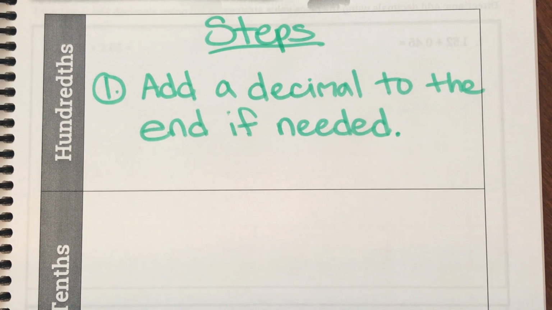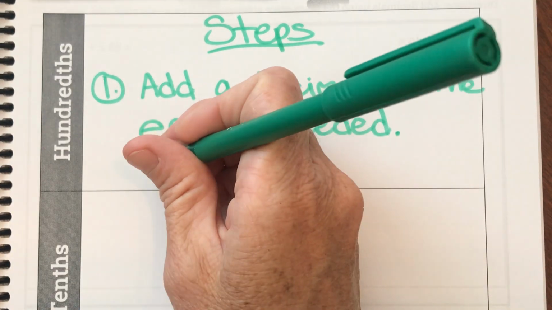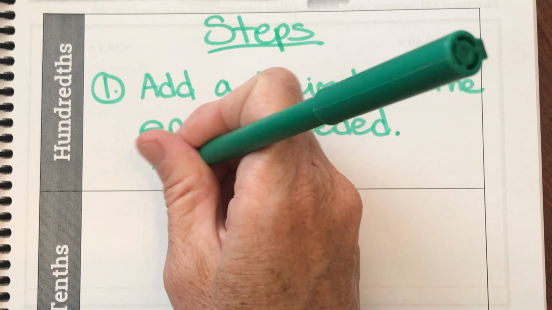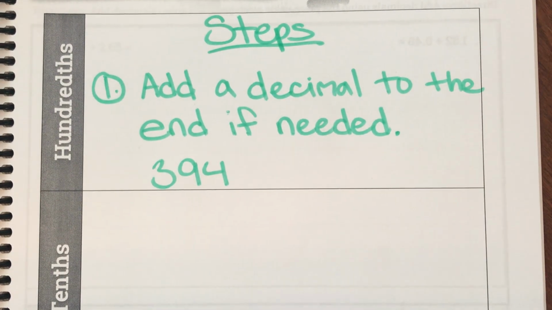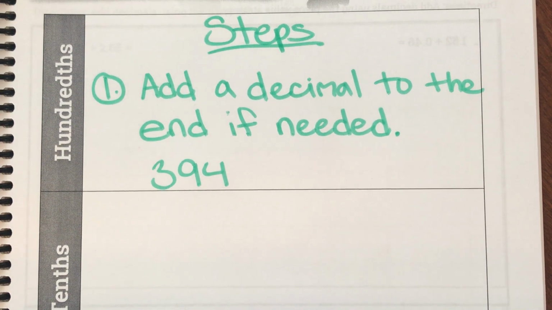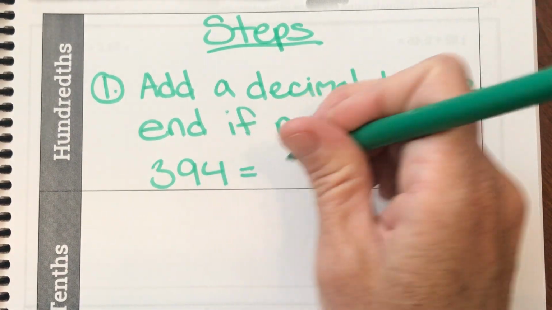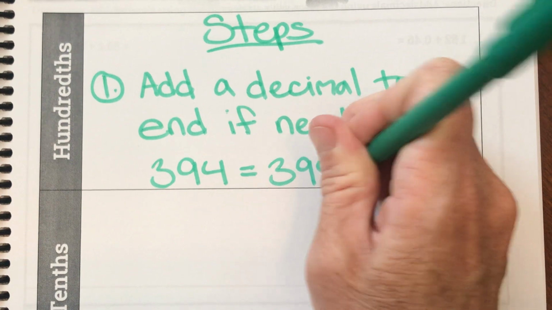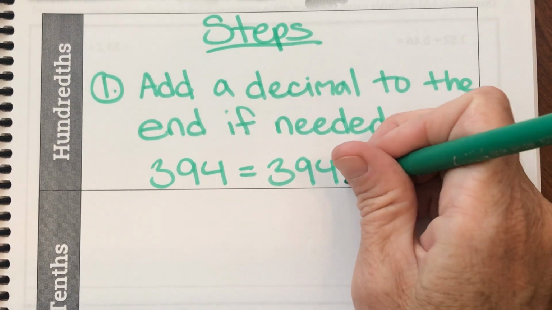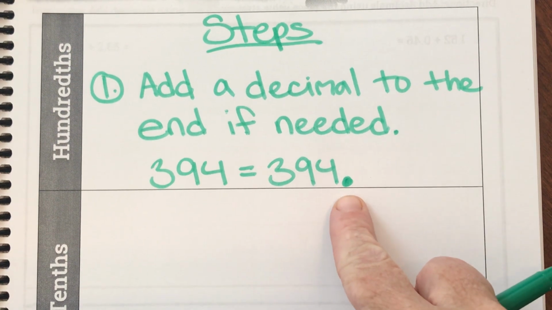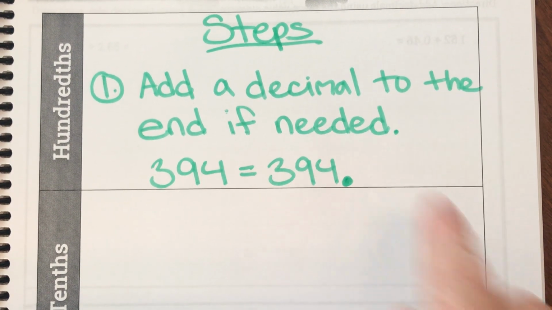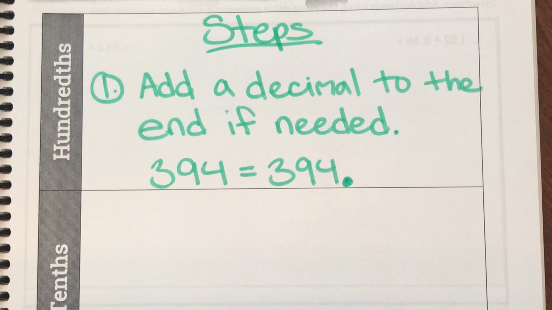If you have a problem and one of your addends does not have a decimal, such as 394, you have to add the decimal to the end. 394 is equal to 394 with the decimal at the end. Those are equal. I didn't change the value by doing that.